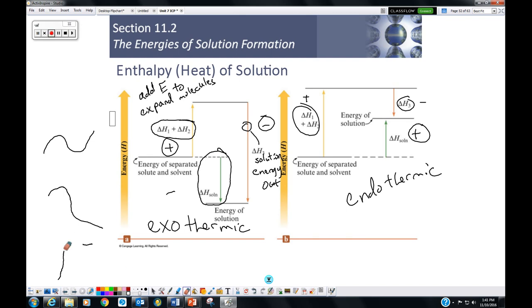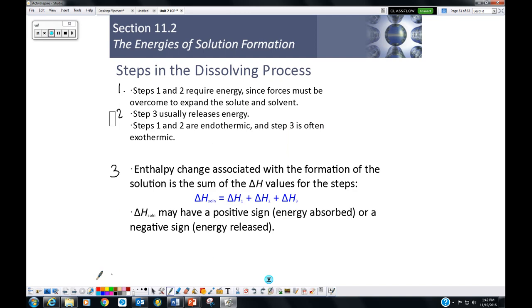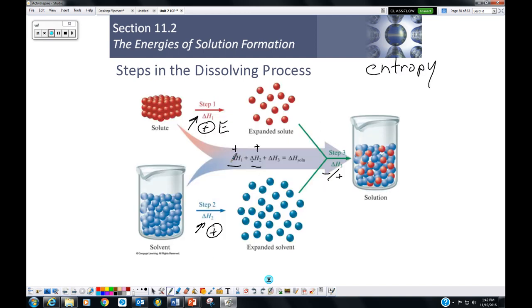Now let me back up and correct a mistake while it's fresh on my mind. So let's go back to this. I mistakenly wrote something here. This one, the change in heat for the solution is always going to be negative.